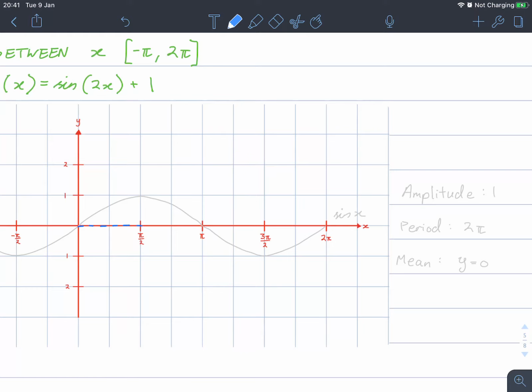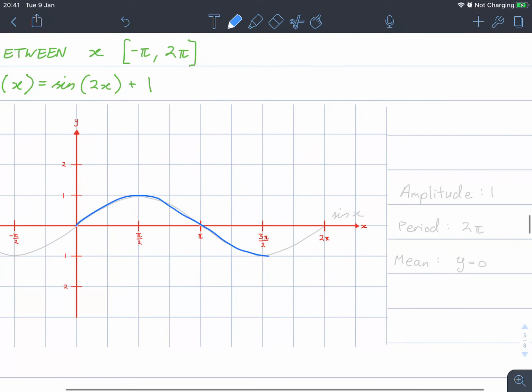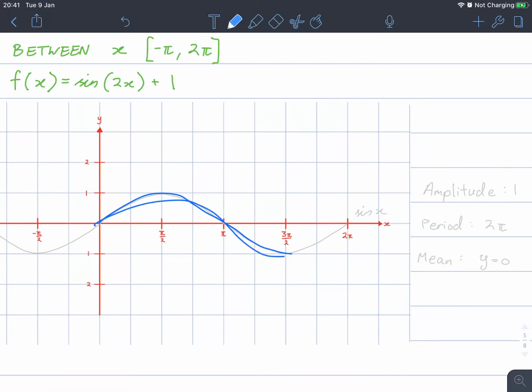The mean value is the line at which the function cycles up and down along. And the period means how long it takes for the cycle to finish. So one cycle of sine goes up and down once. So that cycle of up and down once will finish in 2 pi.